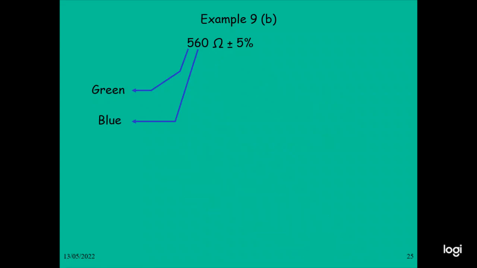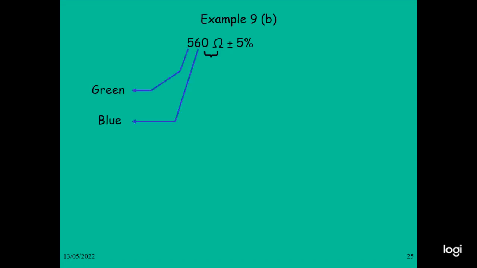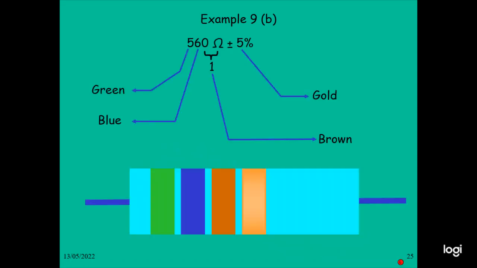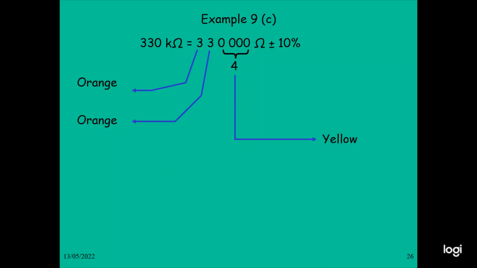You have to read the gold value from the table and do the exercise. It's 330 kilo ohm. In this case, the first is 3, so you put orange, second is 3, orange. That is the 4 digits, so you have to put a yellow. And 10% is represented by the silver.